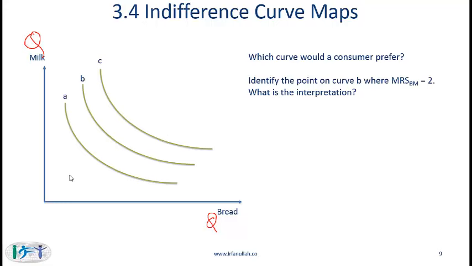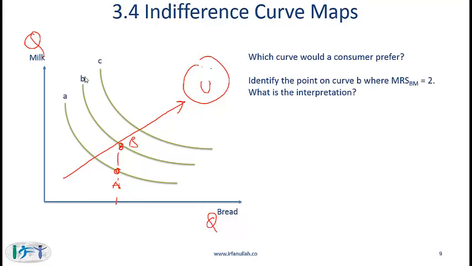Given non-satiation, we will be happier on curve C than we are on curve A. So our happiness increases as we move northeast, because if you simply take this point A and then this point B, at point B we have more milk, and we have talked about the fact that more is better, so that means at point B we will be happier than point A, and we've also established that on a given indifference curve the level of happiness is the same.